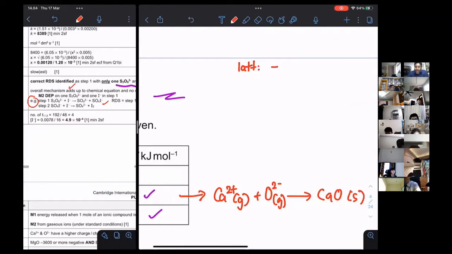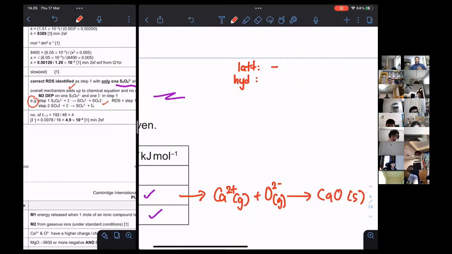Now maybe I'll call Sharon. Can you try this? Hydration: is it going to be exothermic or endothermic, or can be both, Sharon? Can be both. Cannot. Okay, hydration cannot be both.